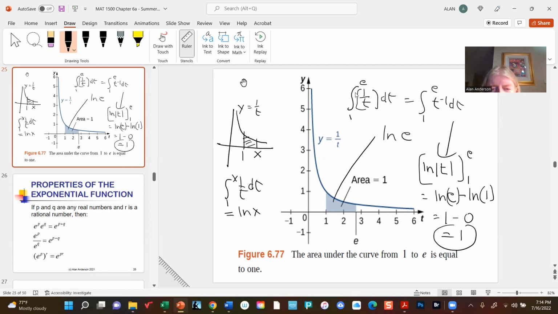Whatever x is, this region represents its natural log. So here, we chose as our x the value e.